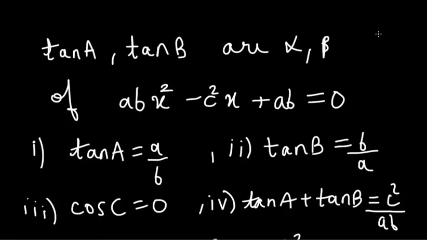So let's see how we can tackle this using basic properties of quadratic equation, like sum of roots and product of the roots. Just by inspection we can see that sum of the roots, let me make some space here.